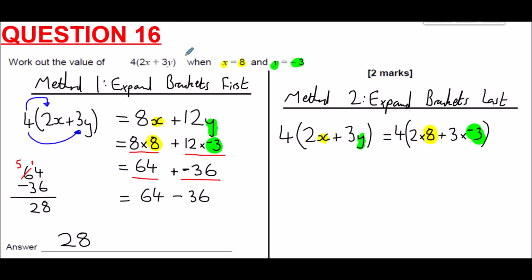So working out the brackets, again, within the brackets we've got 2 multiplications to do, and an addition. So we need to multiply first before we add the things together. And so 2 times 8 is 16, plus, and then 3 times minus 3, well 3 times 3 is 9, because this is a minus 3, that gives us minus 9.